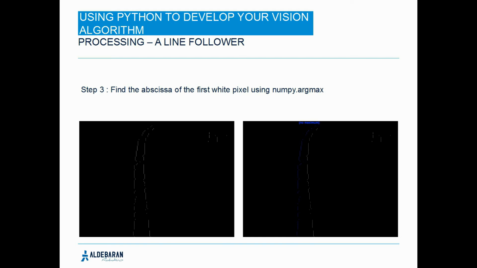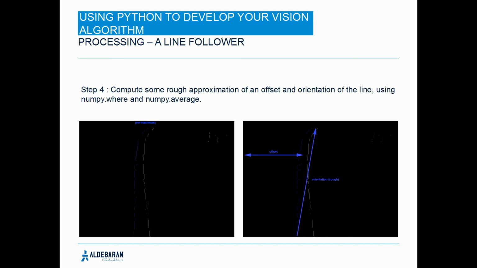They are here, in blue on the right image, but unfortunately, I'm not sure you can clearly see them. Then, we will calculate very roughly an approximation of the offset and orientation of the line. In our example, we use simple rough averaging, as we don't care about the precise figures.